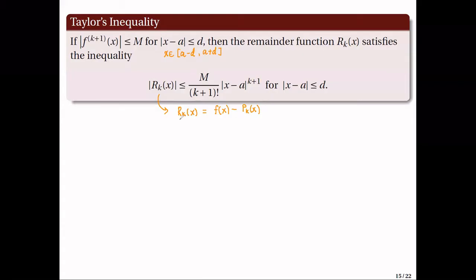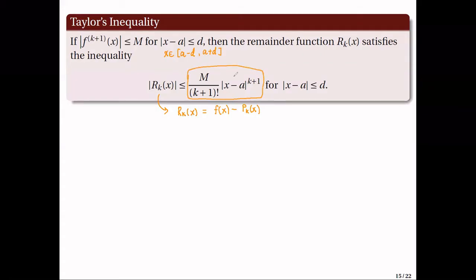So you want r sub k to be small. For r sub k to be small, its magnitude must be bounded by a small number, which is this quantity. So you want this to be small.